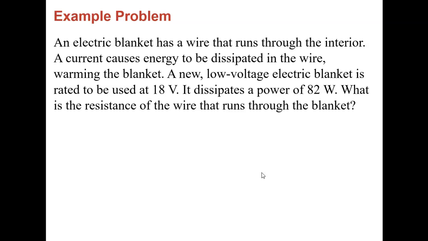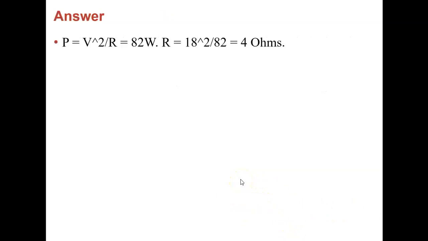All right, so we have an electric blanket that has a wire running through it. The low voltage electric blanket is rated to be used at 18 volts. It dissipates a power of 82 watts. What's the resistance of the wire that runs through the blanket?